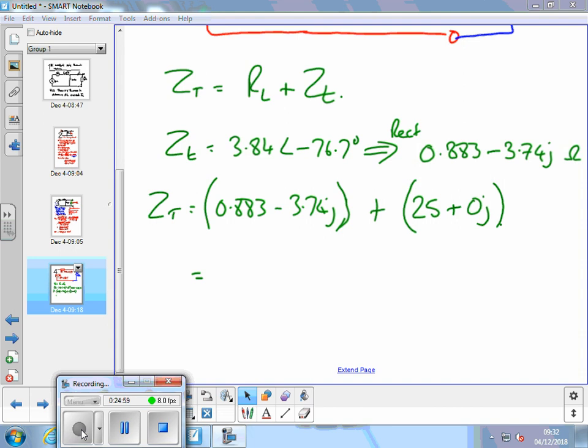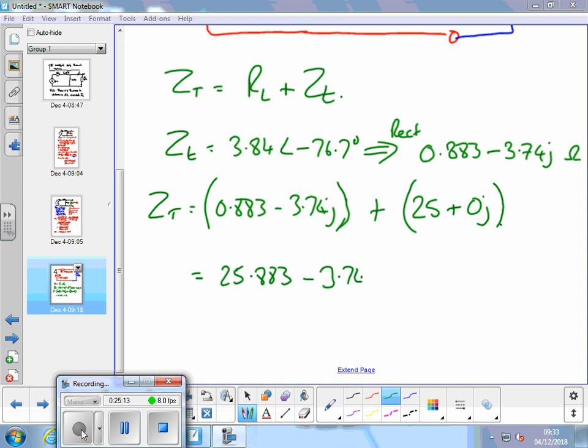You add the real parts together. So we've got 25.883 minus 3.74 j ohms.